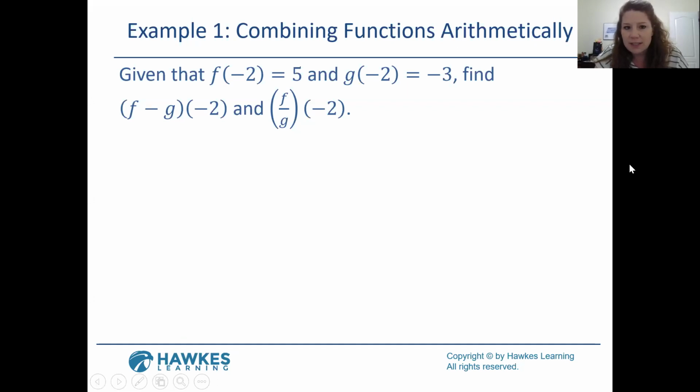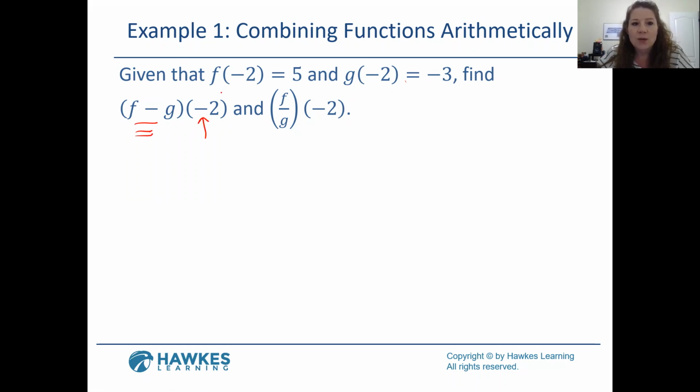All right, so I know this is confusing when you first look at it, but let's see what it says. It says, given that f of -2 equals 5 and g of -2 equals -3, find f minus g of -2.